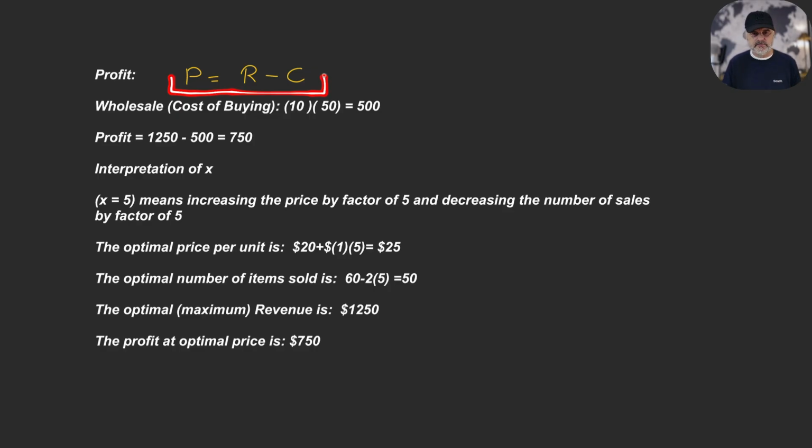So if we're buying hoodies at $10 each at wholesale price, we sell 50 because that's the expected number to generate the best revenue. So this is the cost of the purchase, the cost of acquisition. From the revenue, you subtract the cost, and you get the money value, which is defined as profit.